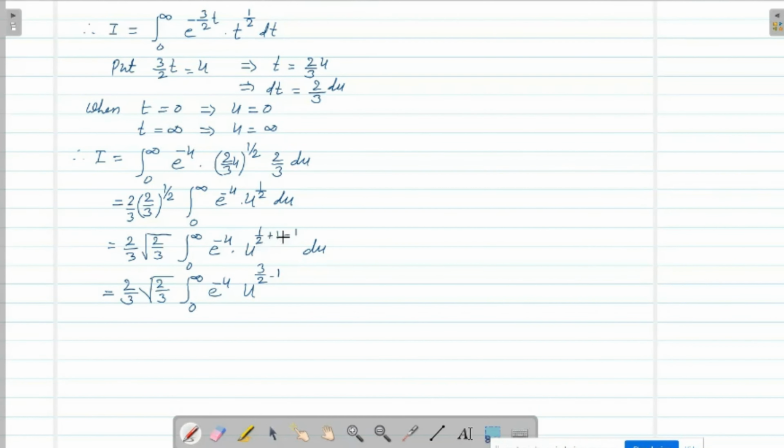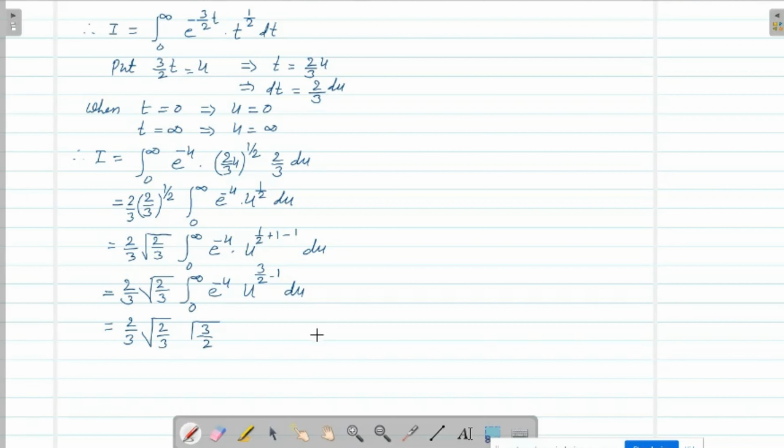It's 1 by 2 and plus 1, 3 by 2 minus 1, and write down du. This is the gamma function. Yes or no? Yes, sir. So 2 by 3 square root of 2 by 3. So this can be written as what? Simply gamma of 3 by 2.